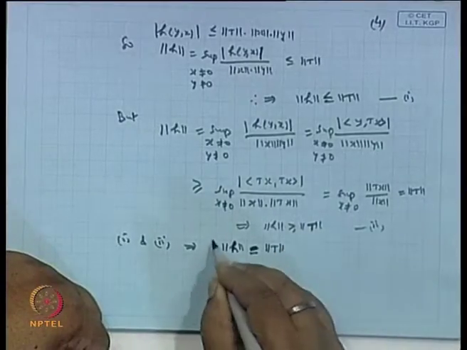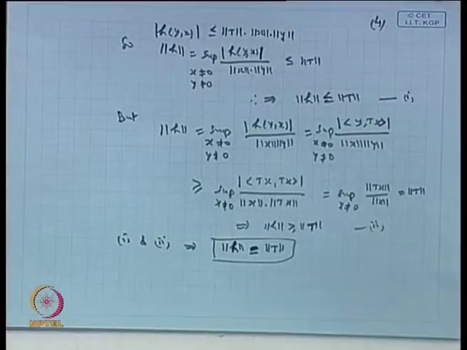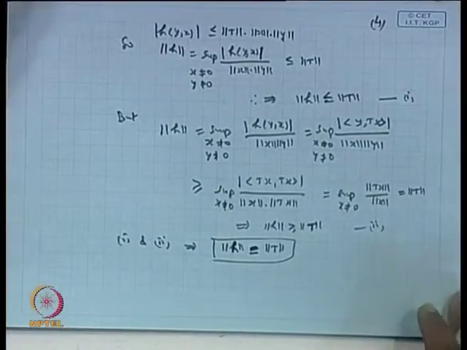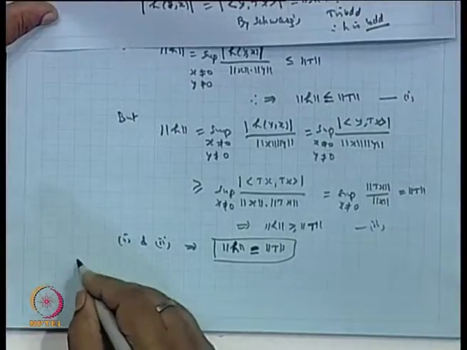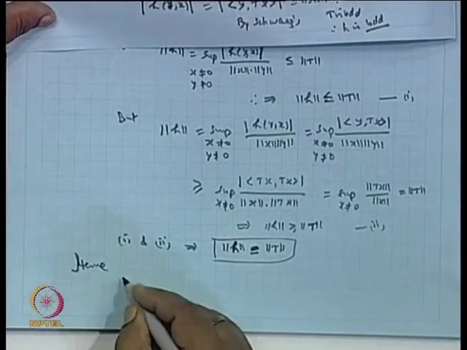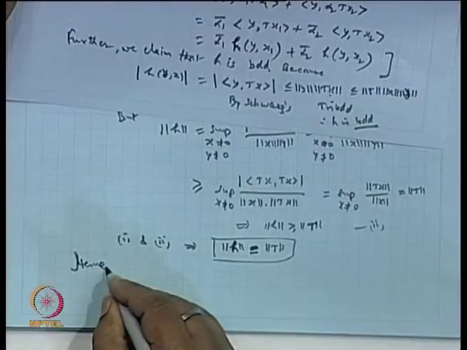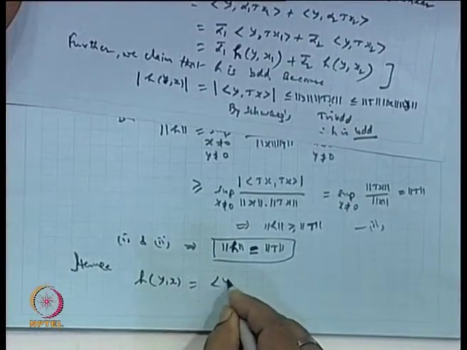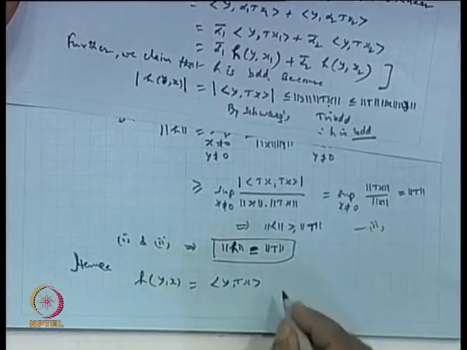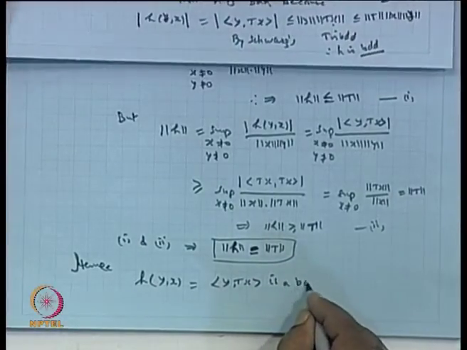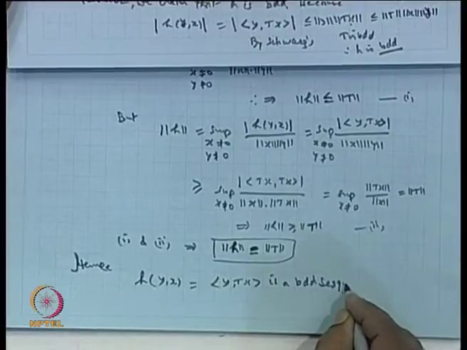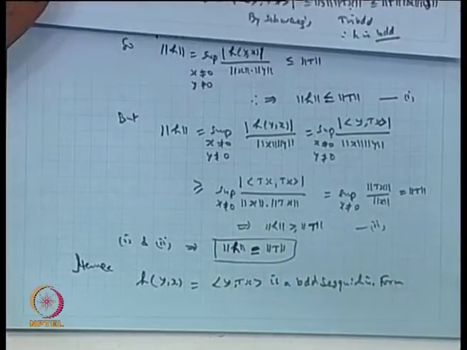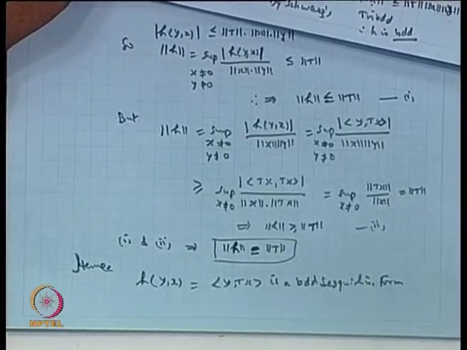Okay? That is what we conclude: we have introduced a functional H, which is defined as the inner product of y and Tx, and it is a bounded sesquilinear form. Not only sesquilinear, it is a bounded sesquilinear form.